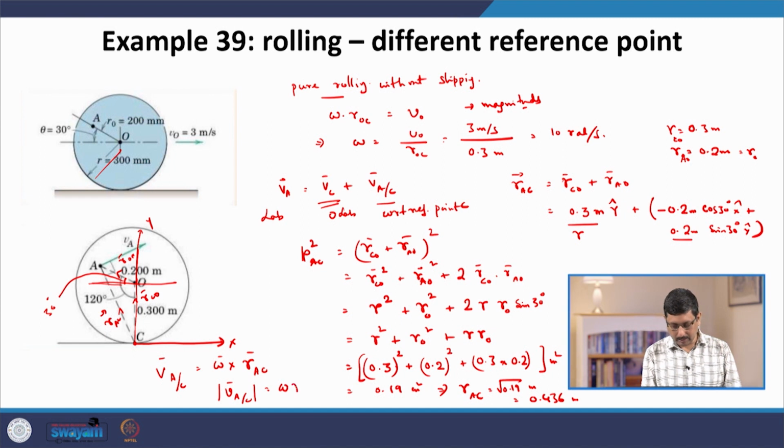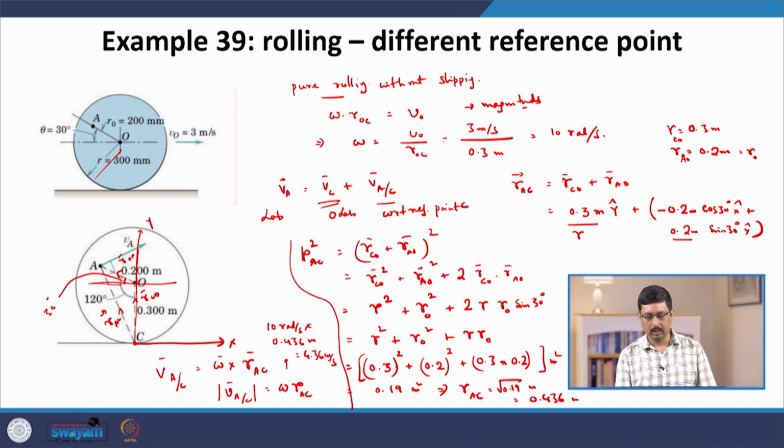It is just omega times R_AC. So, omega is 10 radian per second times 0.436 meter, which is 4.36 meter per second, which is the answer.